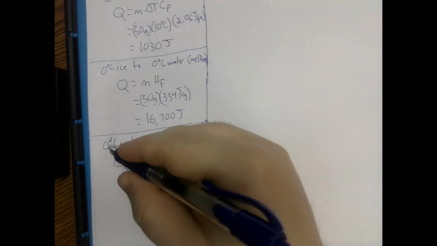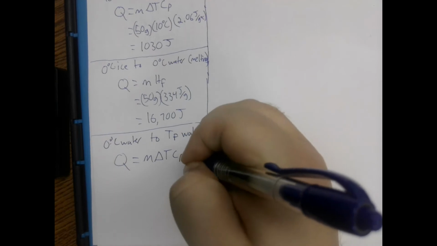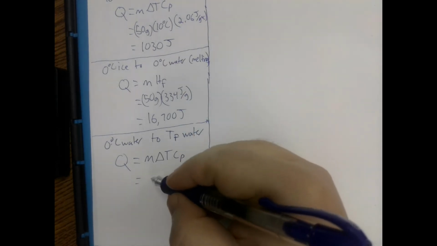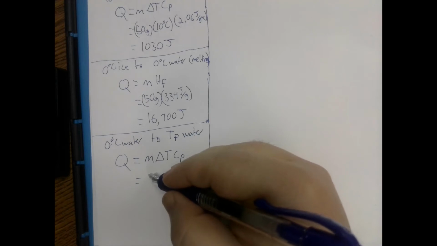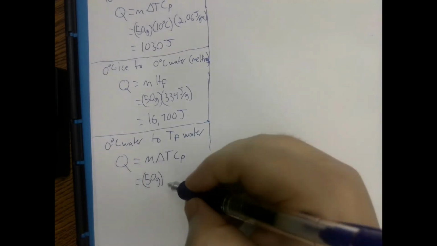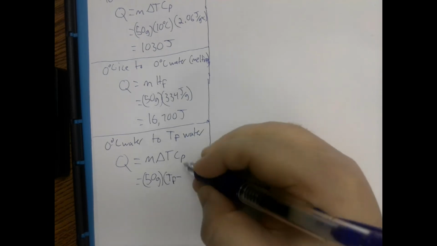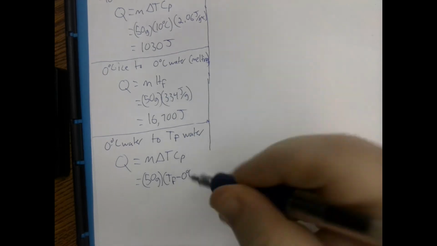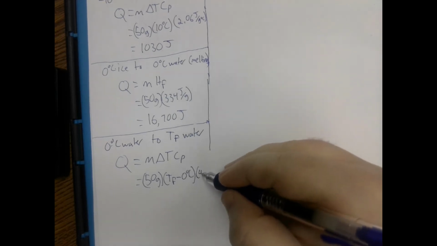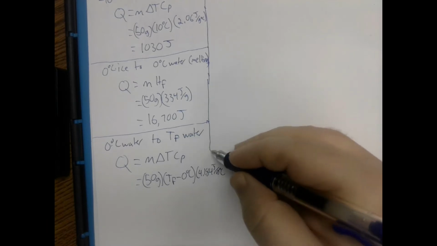So this is a change in temperature, so we use the change in temperature formula. The mass of the ice cube originally was 50 grams. It's now 50 grams of water. Delta T is equal to final temperature minus initial temperature. And the CP of liquid water is 4.184 joules per gram degree Celsius.